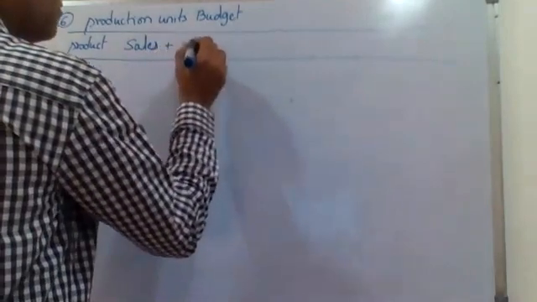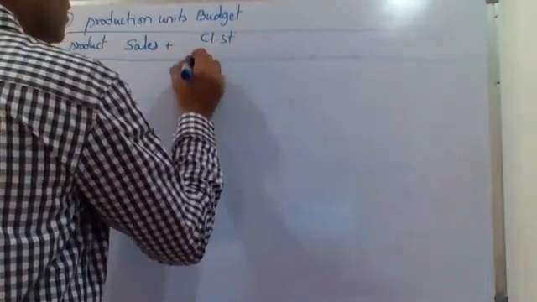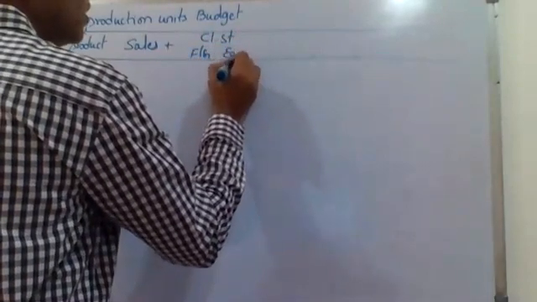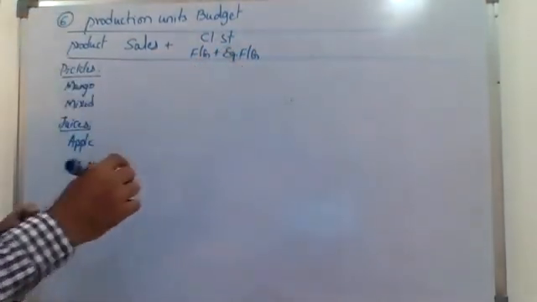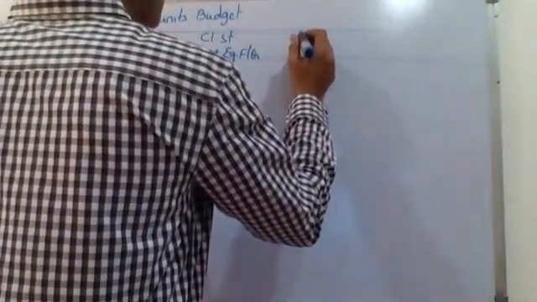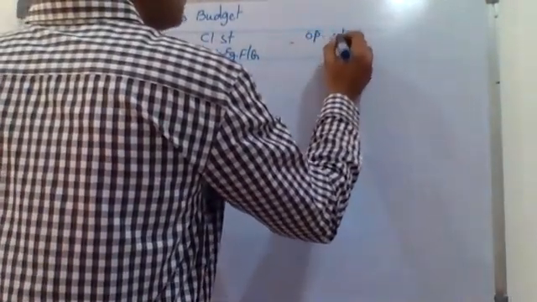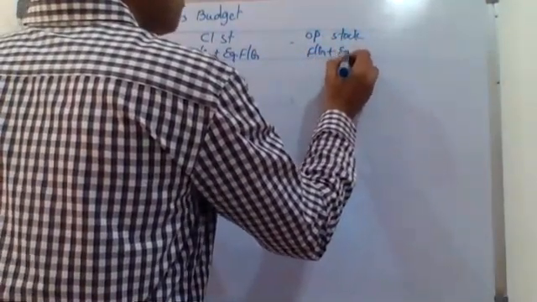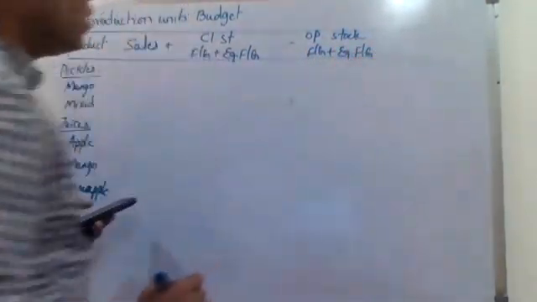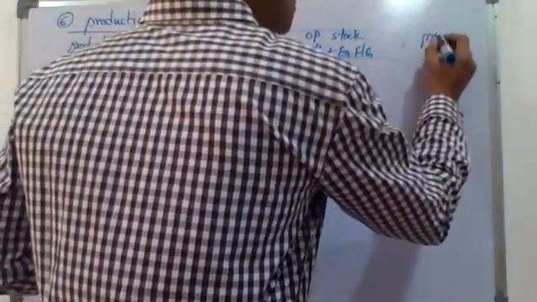Then I add closing stock. I'll take finished goods, equivalent finished goods, both. Similarly, when I write minus opening stock, I'll write finished goods plus equivalent finished goods. Now, what is this equivalent finished goods? I'll bring it from the work in progress. And in the last, I'll be getting production units.